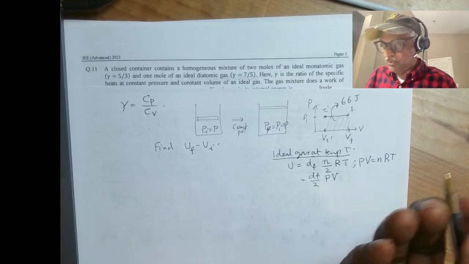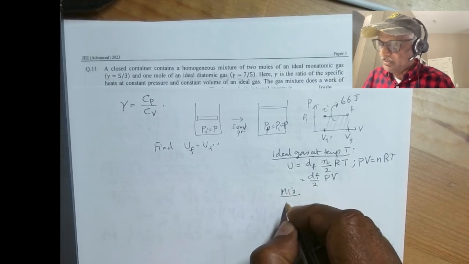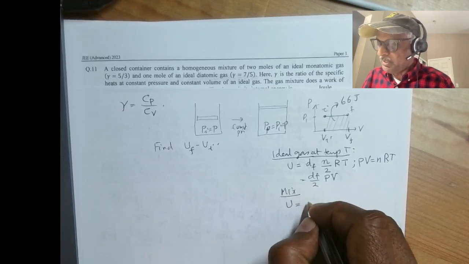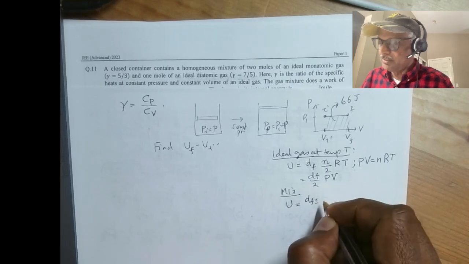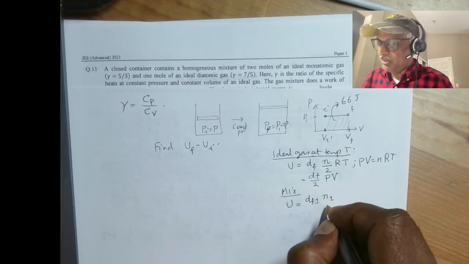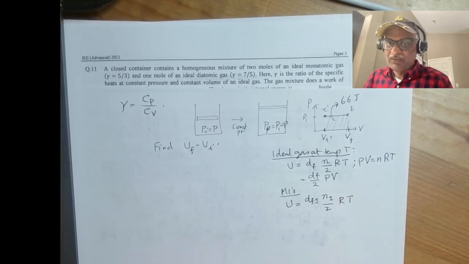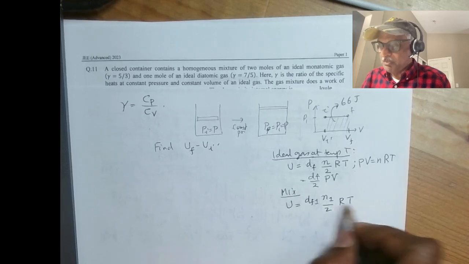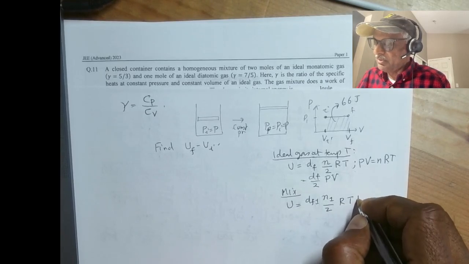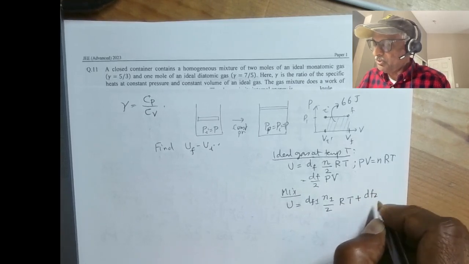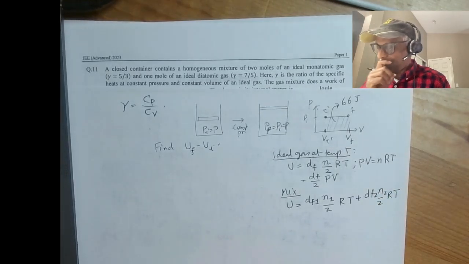If you have a mixture, then U will be the degrees of freedom of the first gas, df1 times N1 moles, over 2 times RT. Both of them have to have the same temperature, and then you have df2 N2 over 2 RT.